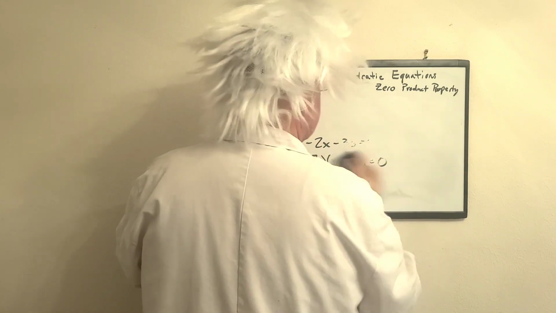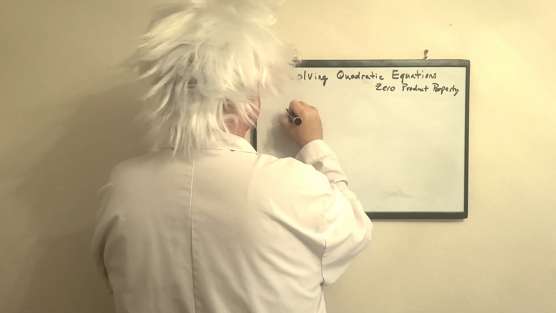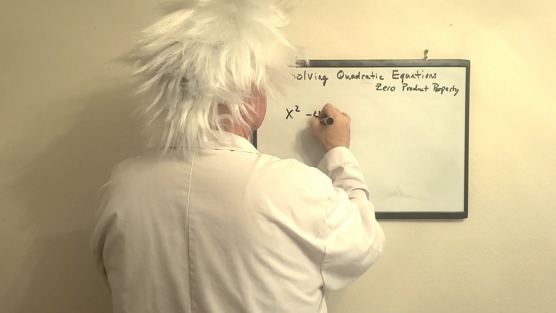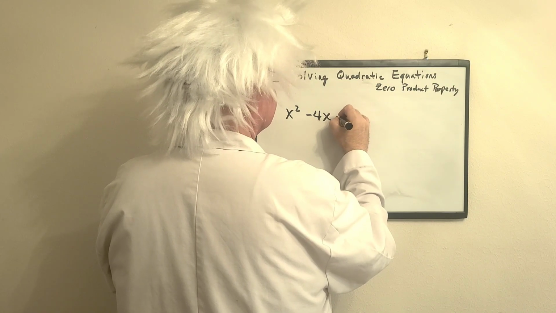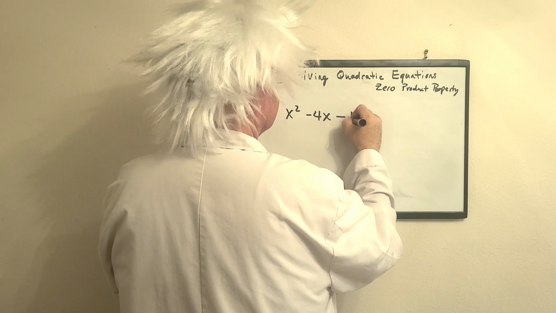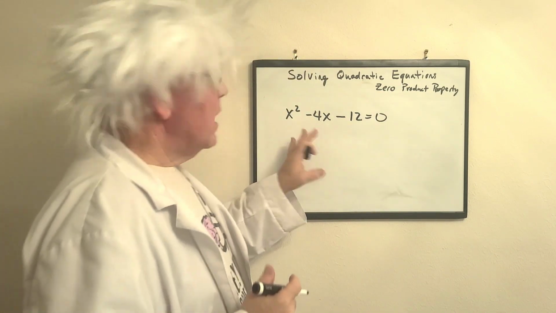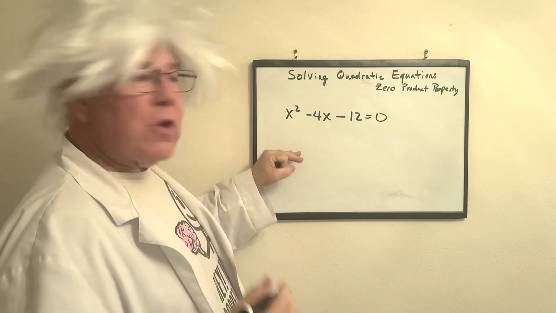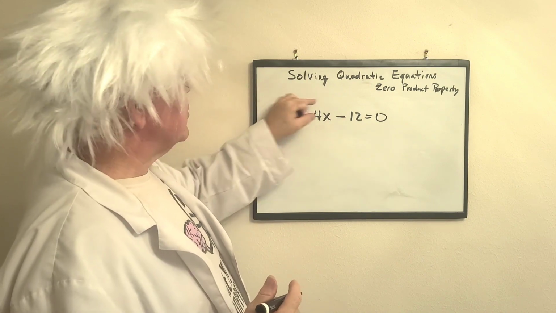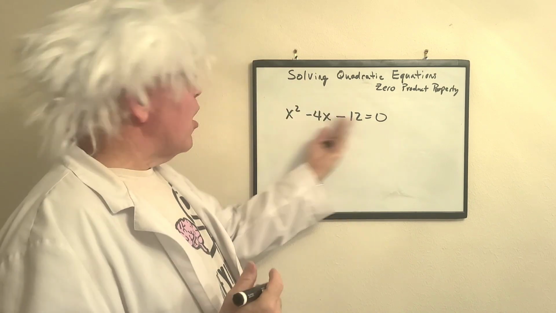All right, those are just two, so let's see if I can give you another one. Normally when we're solving these, it's ax squared plus bx plus c equals 0, so everything has to be on this side.